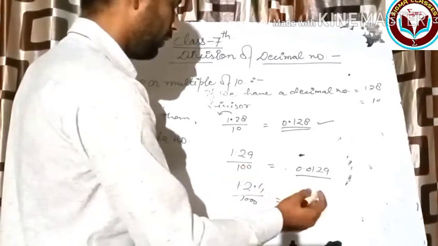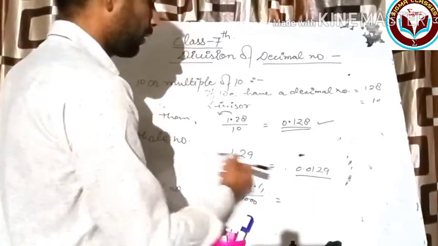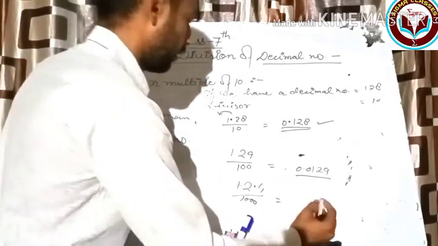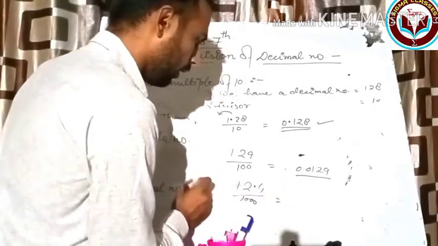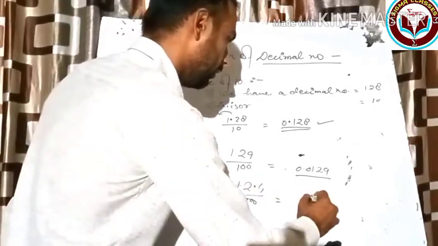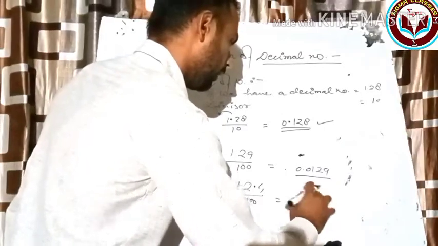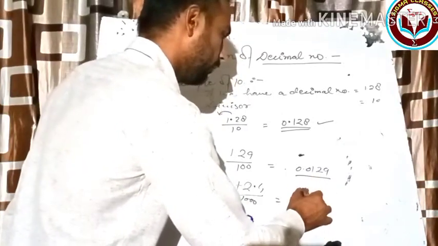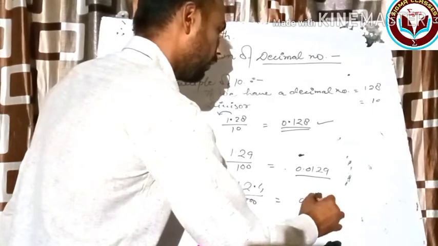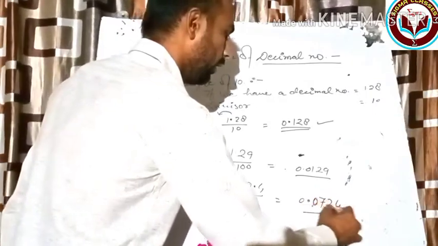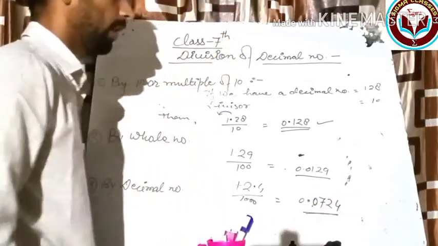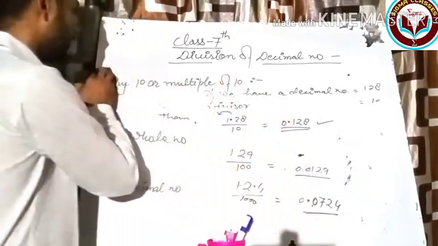Now see, it's 1, 2 and 3. So we will write 0.724. It's your answer.